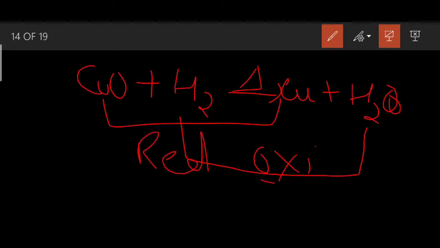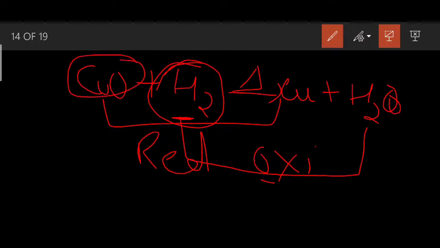H2 is going on oxidation, but it is the reducing agent. This is going on reduction, so it is the oxidizing agent.